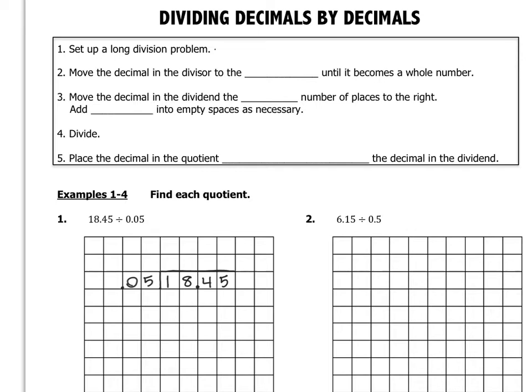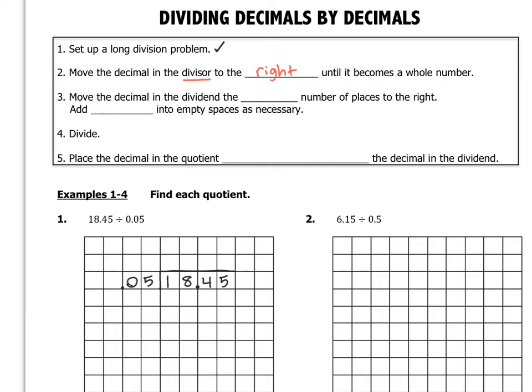We've done that already. The second step is to move the decimal in the divisor, and again, the divisor is your number outside your long division house, to the right until it becomes a whole number. So let's look at that for number 1. Our divisor for this problem is 0.05.